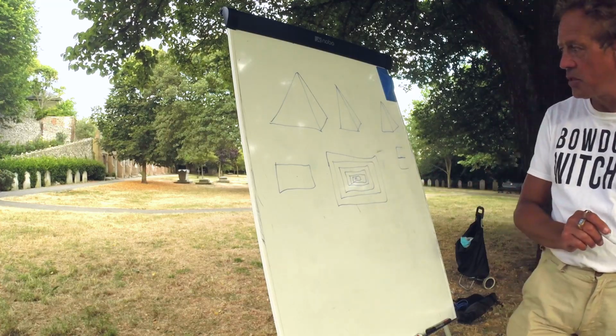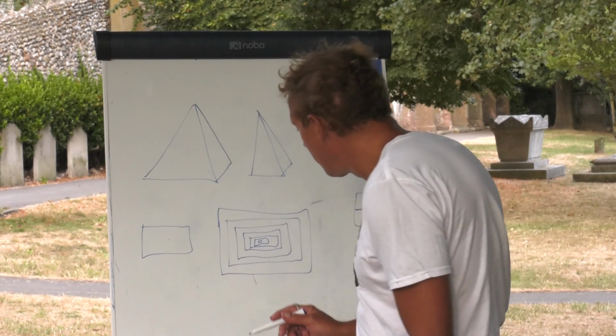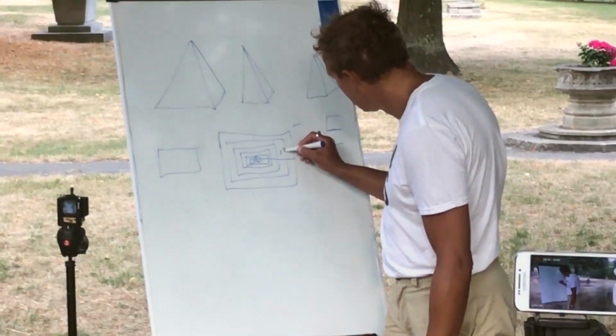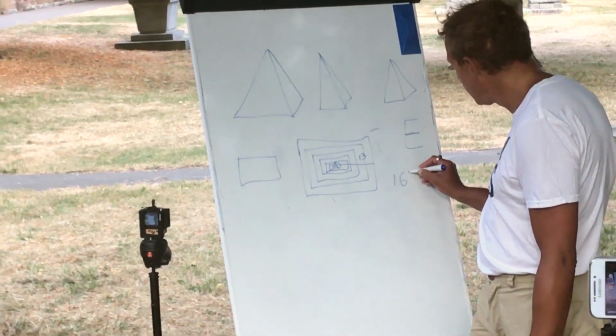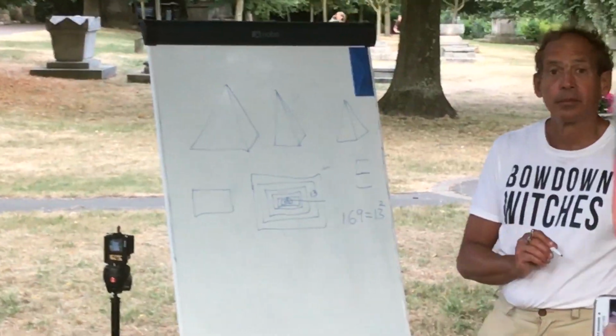They should be squares, but they're rather elongated. So there should be 13 of those, and I can't be bothered, but there should be 13, which gives you the 169, which equals 13 squared.